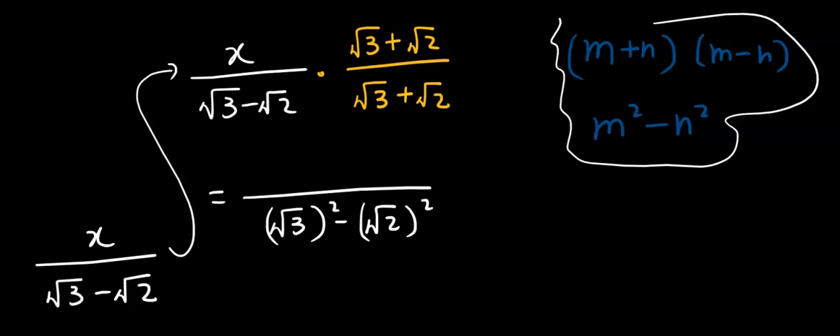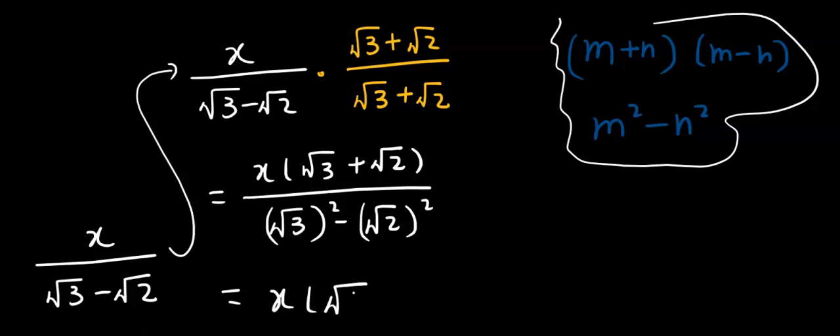And the numerator is x times square root 3 plus square root 2. Let's look at the denominator one more time. Square root 3 squared is 3, and minus square root 2 squared is 2, so our denominator becomes 1. Our numerator says x times square root 3 plus square root 2. And you can continue right, or you can leave it here.